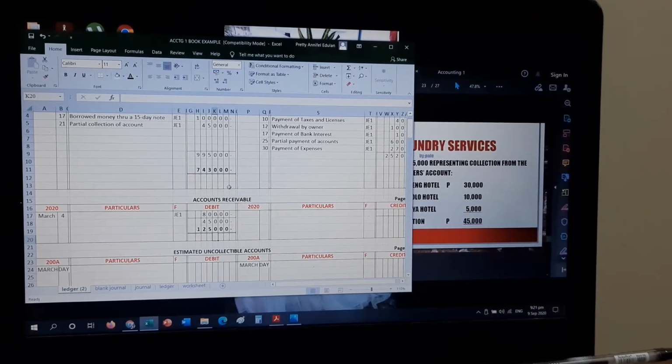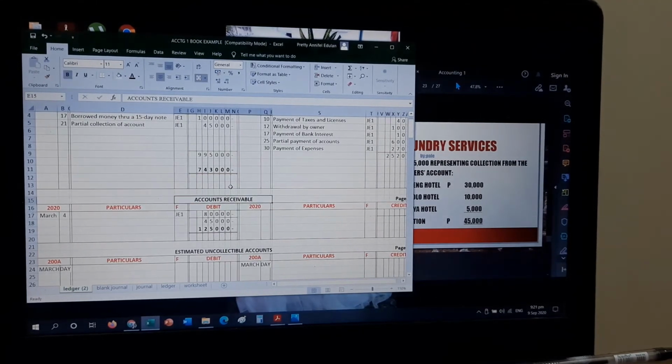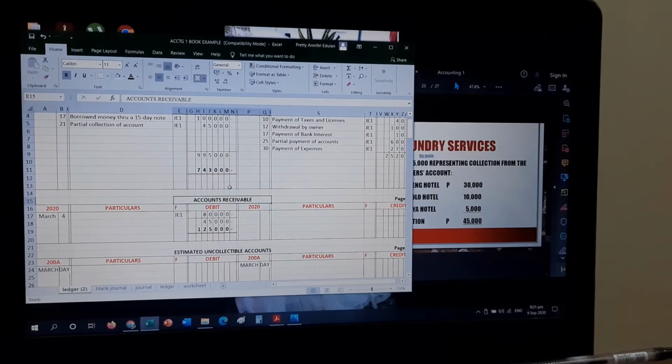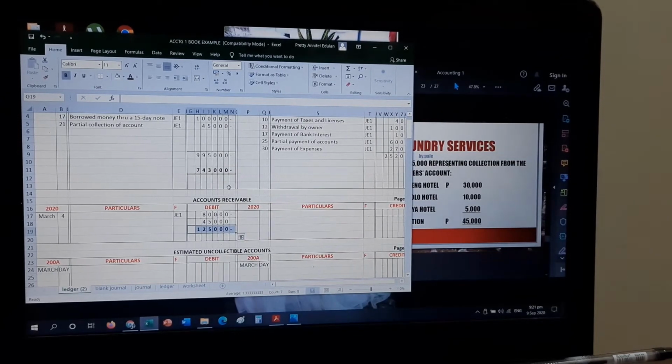Why? If you understand the normal balances, even by mere looking at the ledger, you would know that there is something wrong. Because for example, it is the end of the month. I want to know how much is my collectible. I will simply look at my accounts receivable. By looking at this balance, I will still have to collect 125,000. The question is, are you sure the balance of the customers is 125?